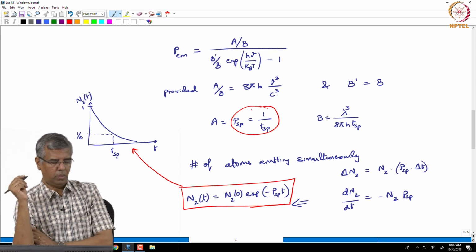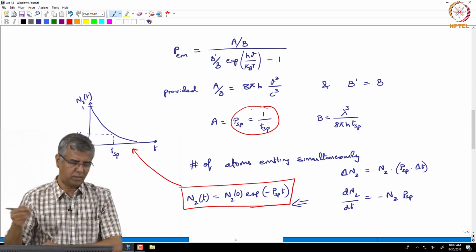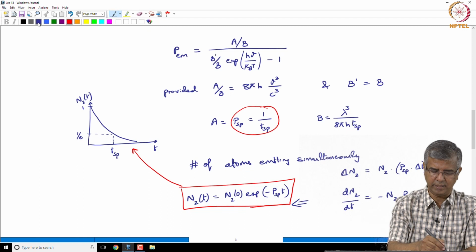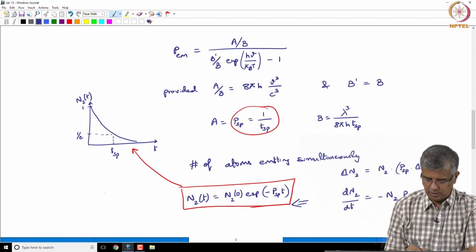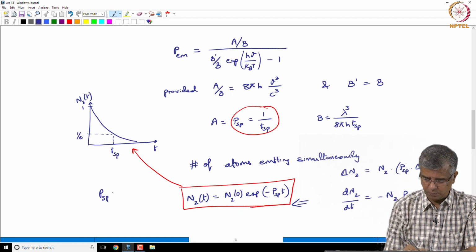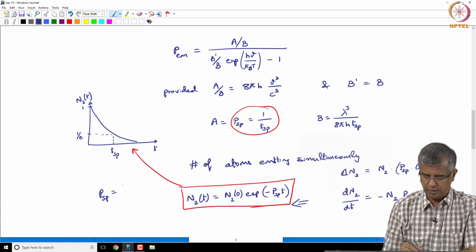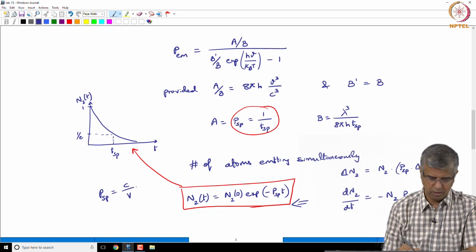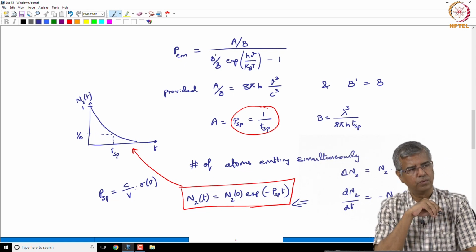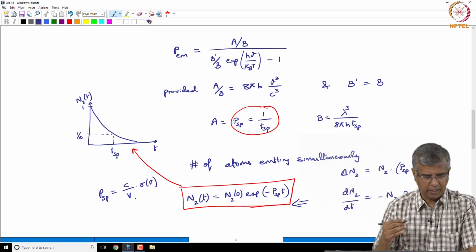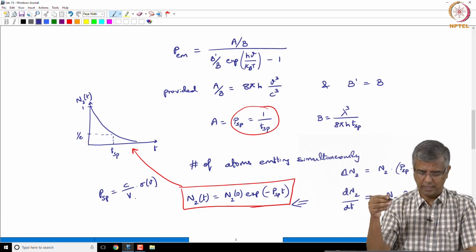right. So, this of course, we will also see, we will start looking at this other quantity wherein we say PSP for a given volume is going to be given by c over V multiplied by sigma of nu, okay, where sigma of nu, this is what we are going to use as we go on.